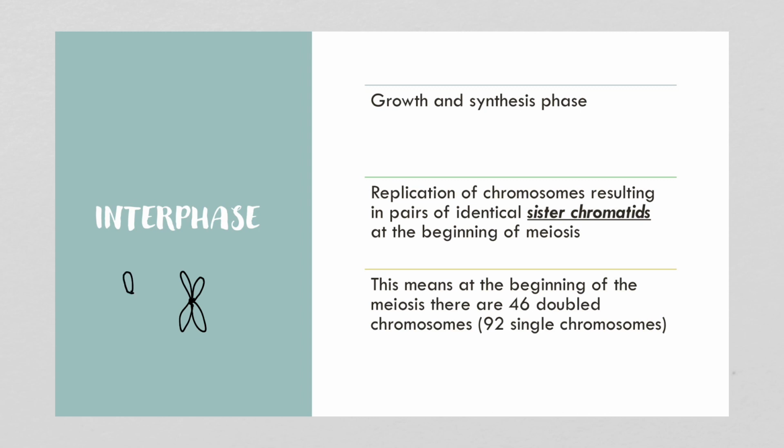This is a single chromosome. So these two halves of the X are the sister chromatids. The whole thing is the chromosome, and it's been doubled. This is also a chromosome. It just hasn't been doubled. It hasn't replicated.